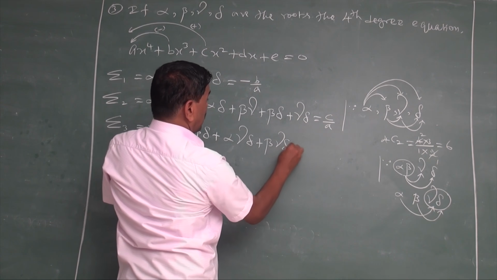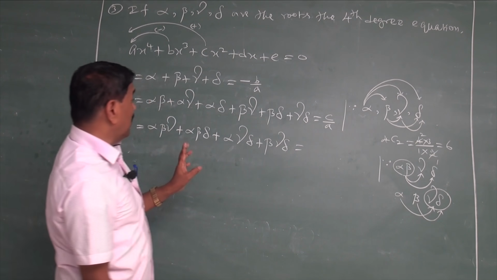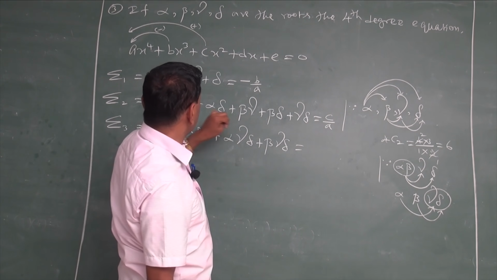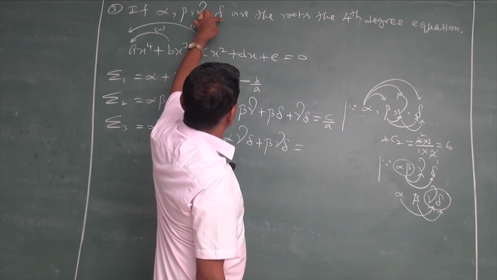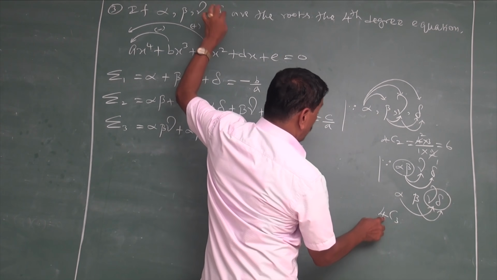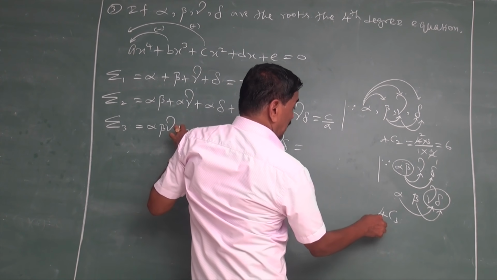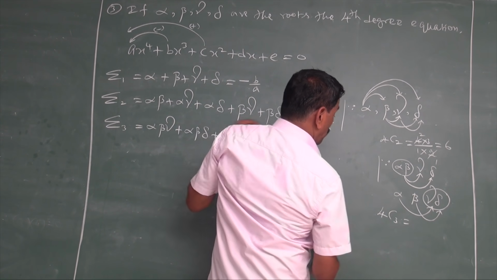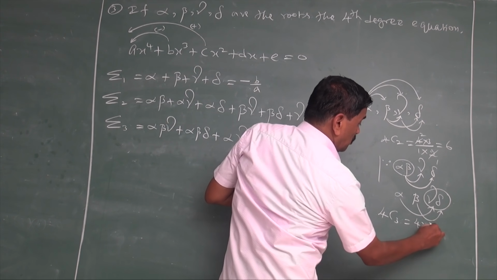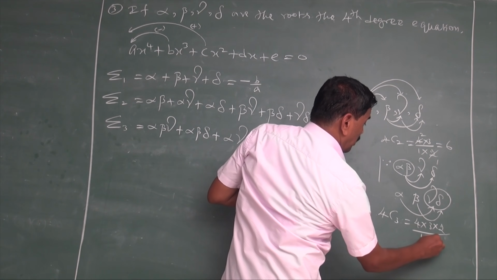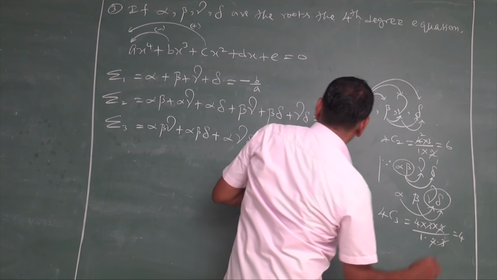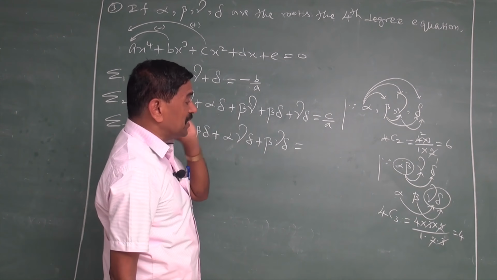Here we need 4 elements, 1, 2, 3, 4. To identify the number of elements: selecting 3 at a time out of 4 is given by 4C3. 4C3 is 4 into 3 into 2 divided by 1 into 2 into 3, where 3 cancels, 2 cancels, which is equal to 4. So 1, 2, 3, 4 elements is correct.